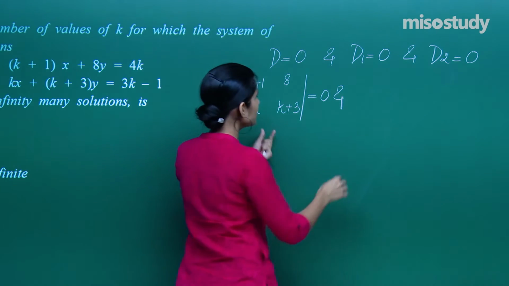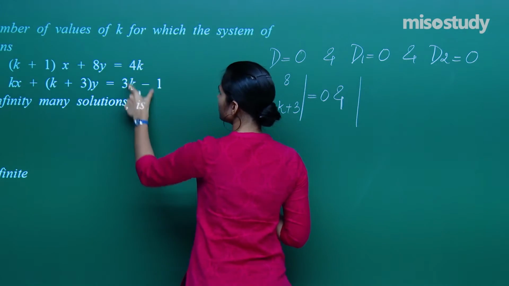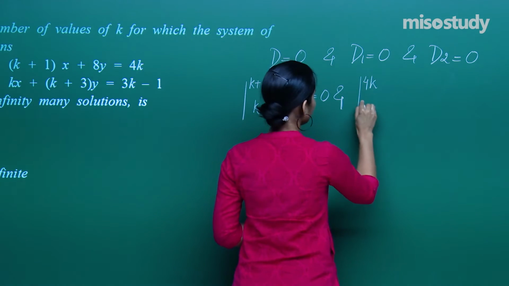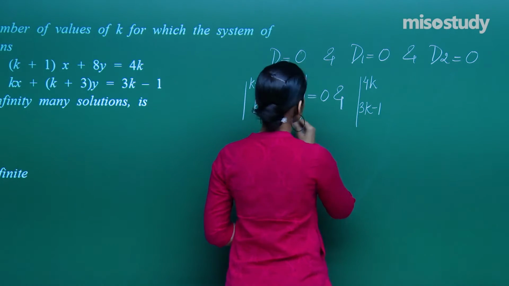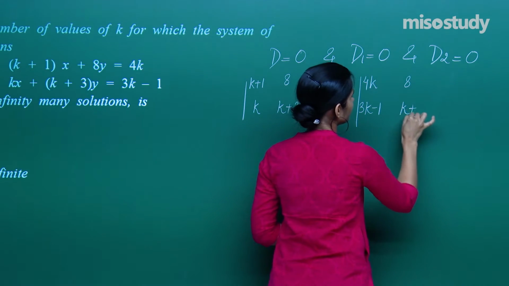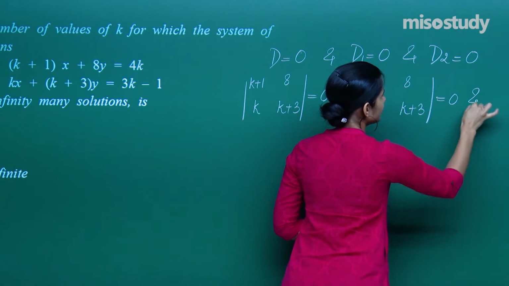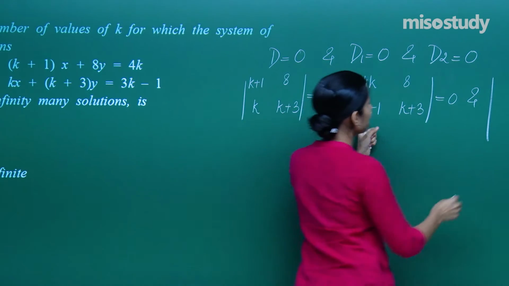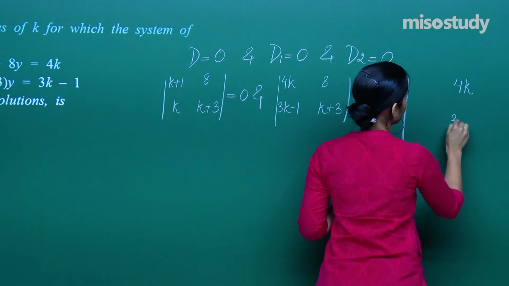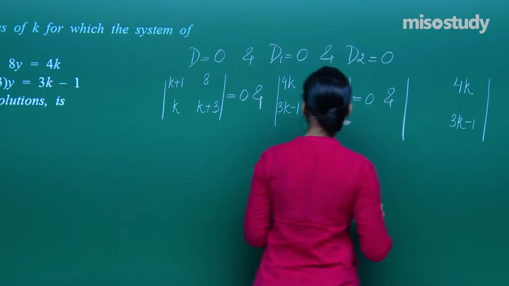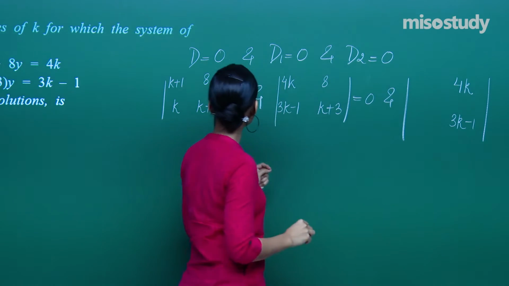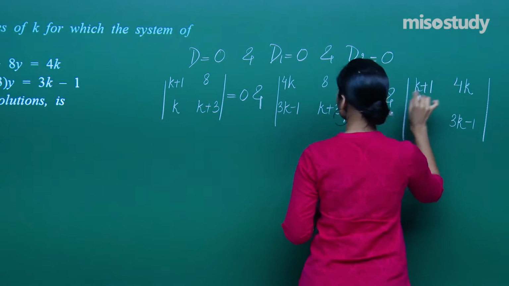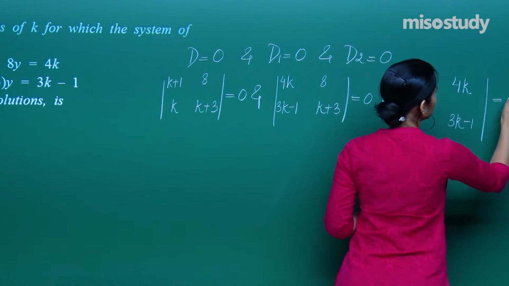When you replace the first column by this column vector, 4k, 3k minus 1, and keep the next column the same, 8 and k plus 3, this is 0. When you replace the second column by 4k and 3k minus 1, this is your D2, and the first column remains the same, k plus 1 and k. This is 0.